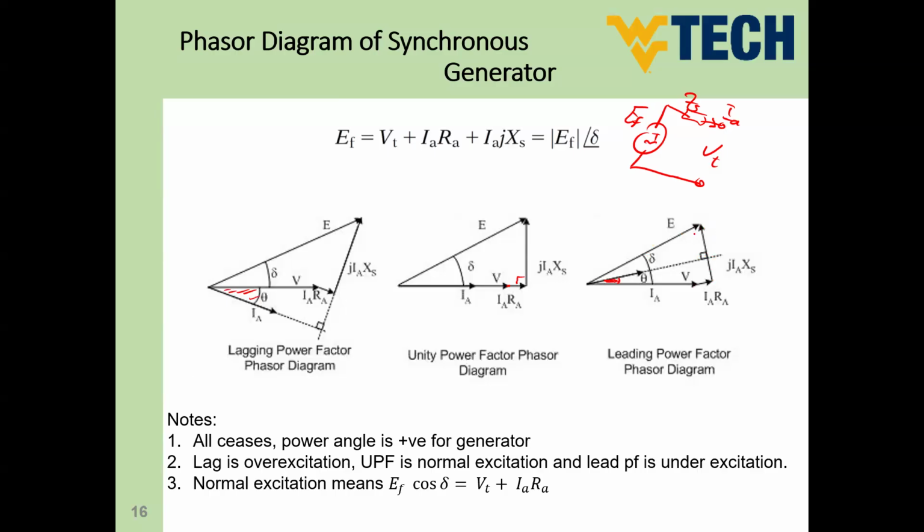Okay, we need to have some important notes from the three phasor diagrams here. First one is, as you can see, guys, the common thing between the three phasor diagrams is the power angle delta is positive.